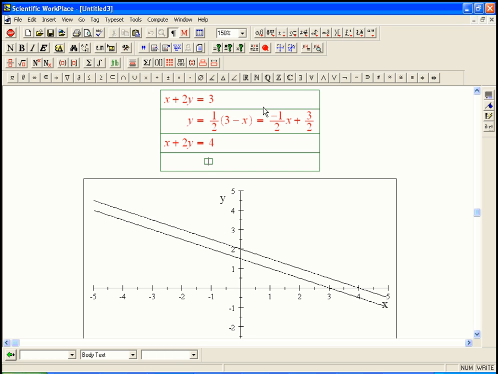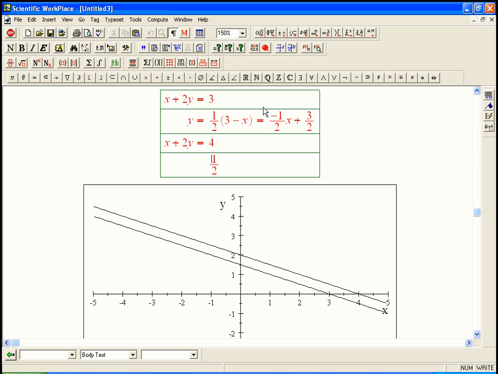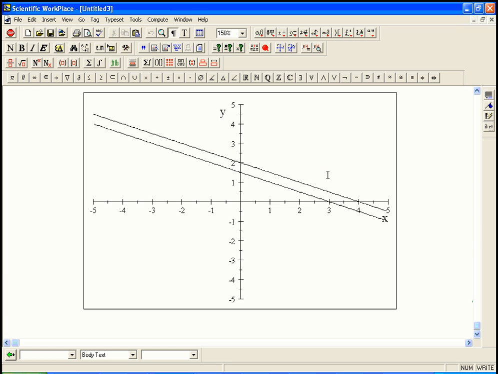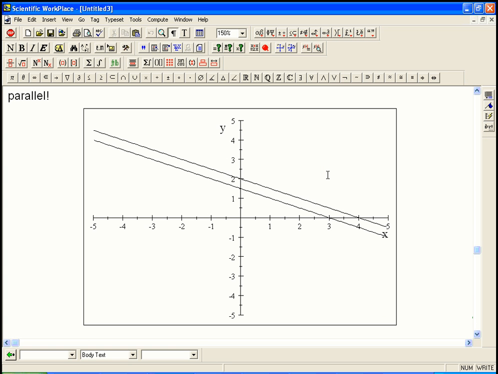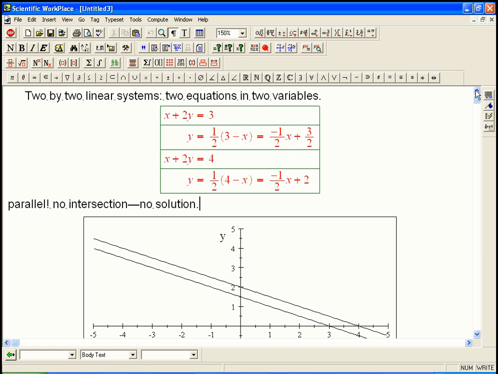Well, this one is going to turn into y equals 1/2 times 4 minus x. So this has the same slope, but a different intercept, and so they're going to be parallel. And so no intersection, and that means there's no solution. That's something you have to be prepared for, that you might get no solution.